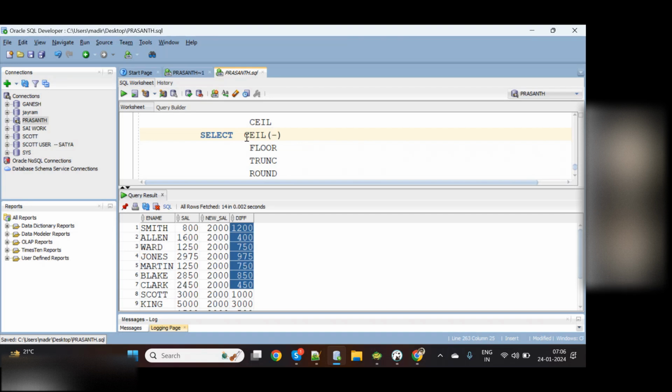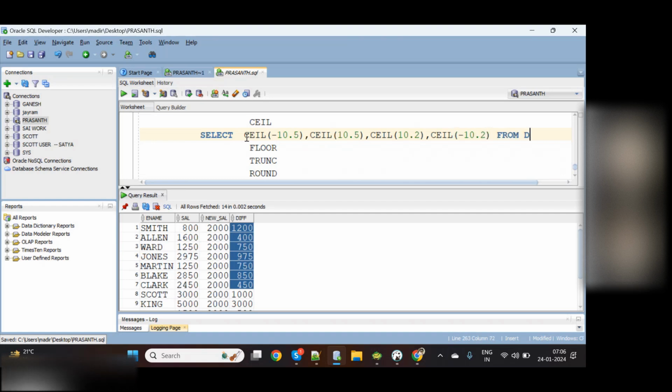So simply I am writing minus 10.5. Ceil of 10.5. All types of examples I am writing in one case. Ceil of 10.2. Ceil of minus 10.2.